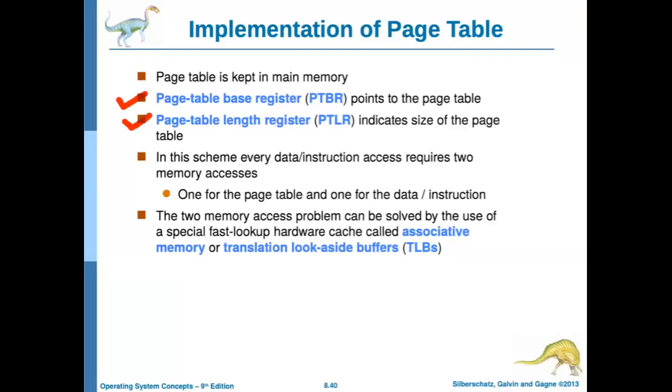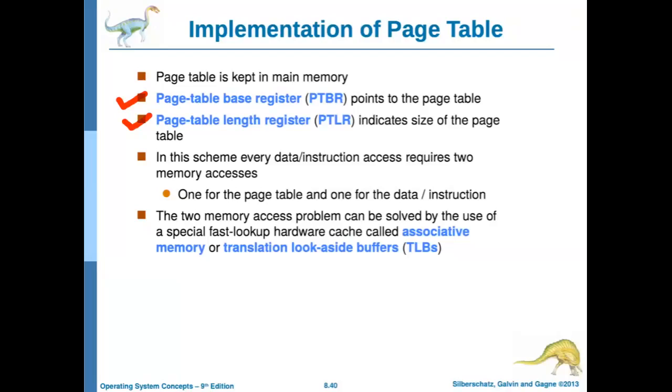Now with this scheme, whenever you want to access data or an instruction, you need to access memory twice. Correct? Why twice? First, to see the page table, and second, after calculating the address, to access the actual byte, maybe data or maybe an instruction.